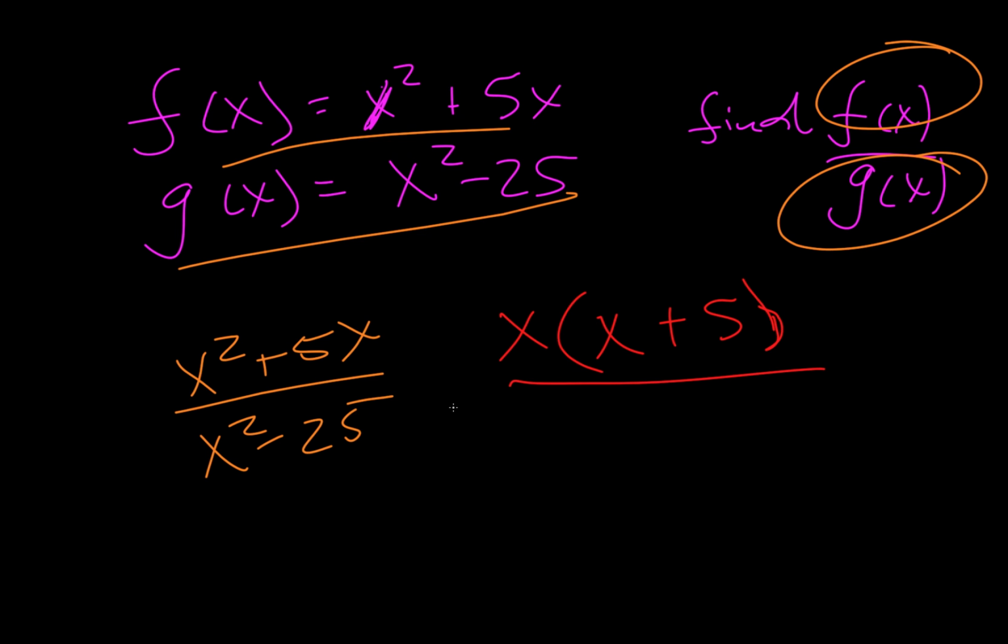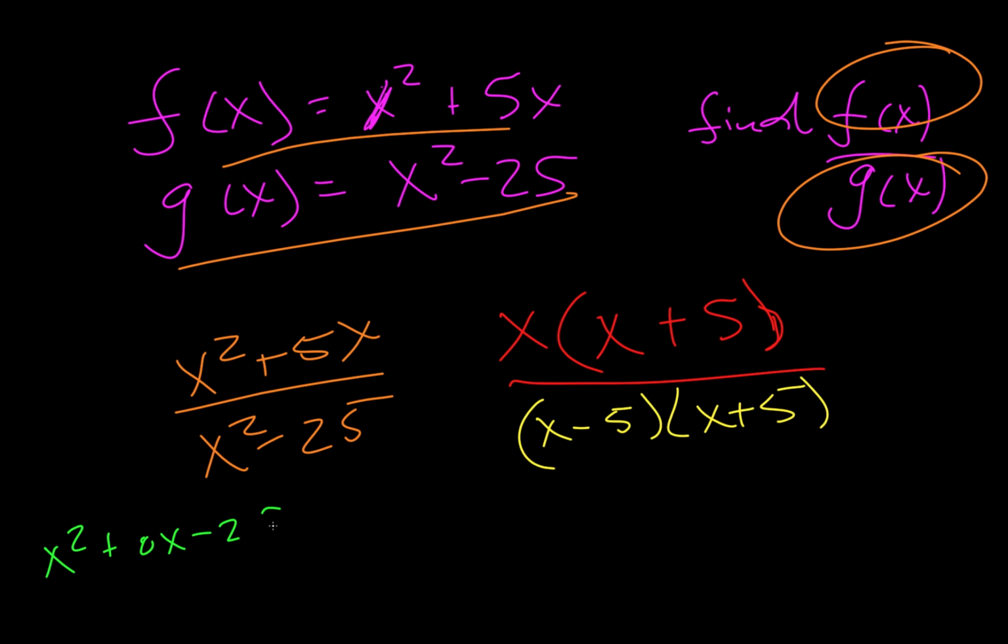Now, this is actually something called the difference of squares method, which we haven't covered yet. The answer, I will write it, but then I'll show you how you can figure it out with the knowledge that you know. So the knowledge that you know, you can actually t-factor. So if we thought of the bottom as x squared plus 0x minus 25, we can figure this out.